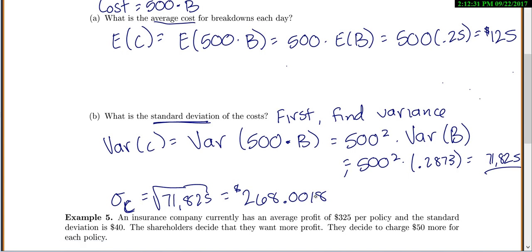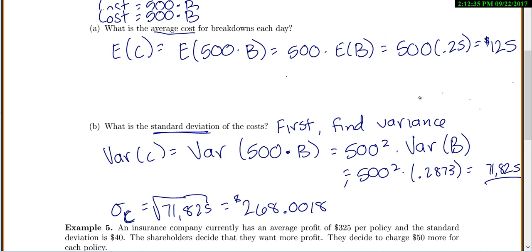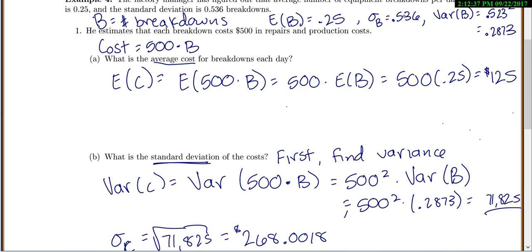Now, some people might notice that all you really had to do is take the standard deviation up here and times it by 500 and you'll get to the same answer. It's just a shortcut. But if you're not really getting stuff, sometimes it's harder to learn a bunch of shortcuts, so do it the long way. Find the variance, use the rules for variance because we learned rules for variance.